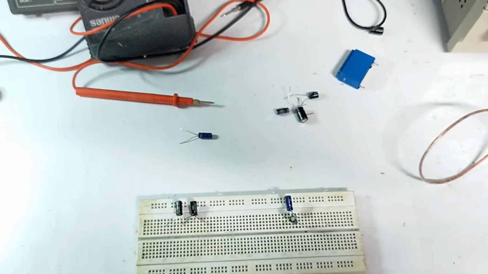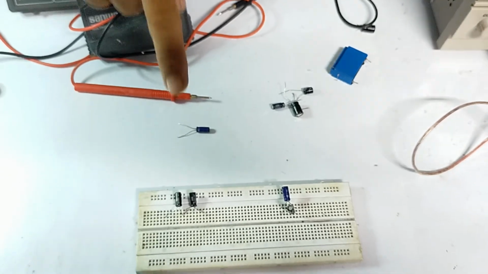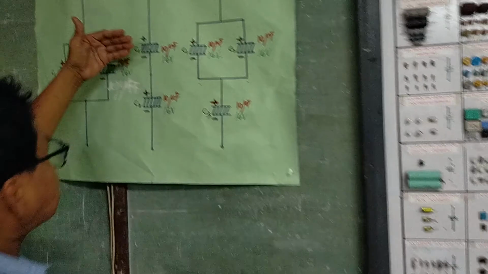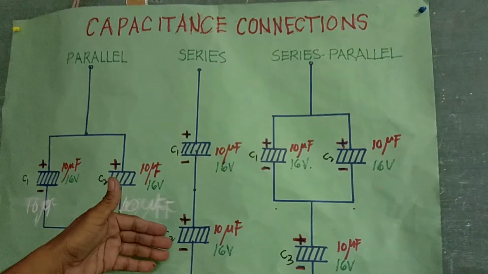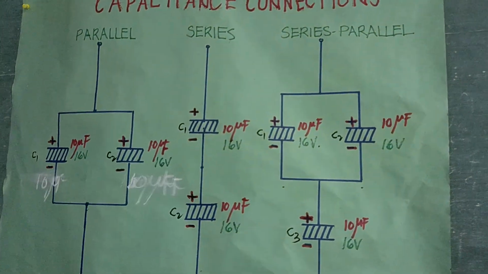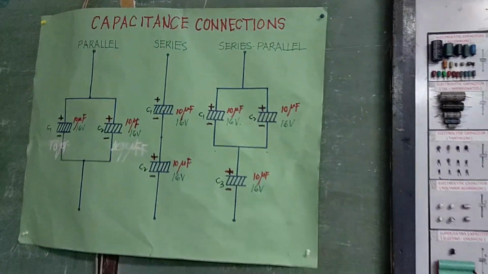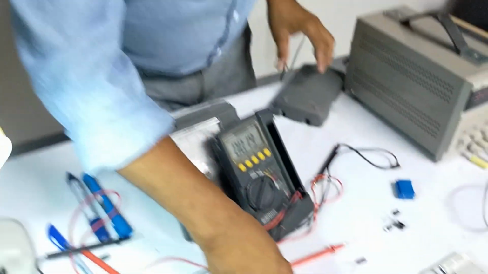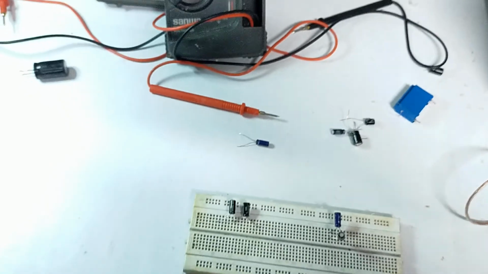Okay. But when we connect the capacitors in series, we have here still the same capacitors, 10 microfarad each. Then, what will be the total capacitance?